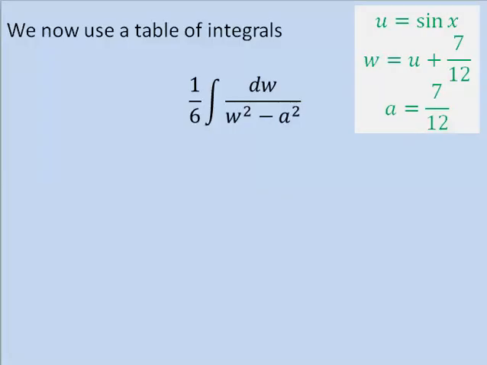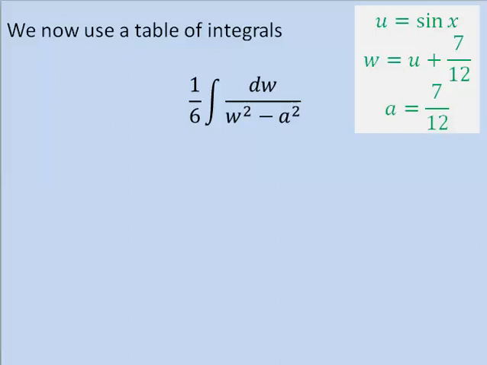So let's do that. My integral is dw over w squared minus a squared. I'm ignoring the 1 over 6. That's really not important right now. I do need to keep track of it, but for integrating purposes, not important. So just look at the pattern. I have dw over w squared minus a squared.